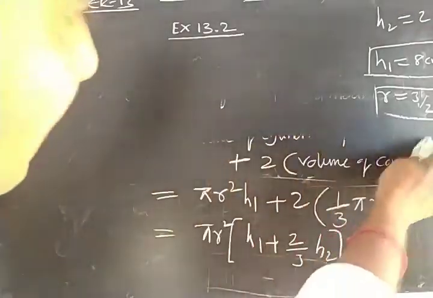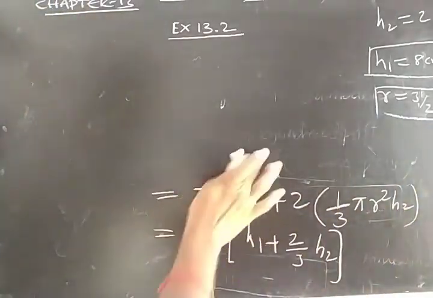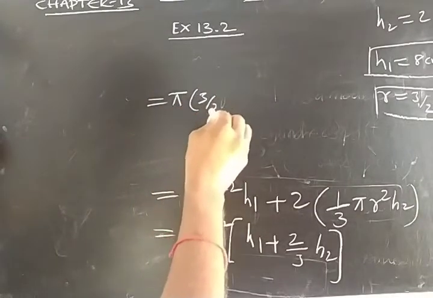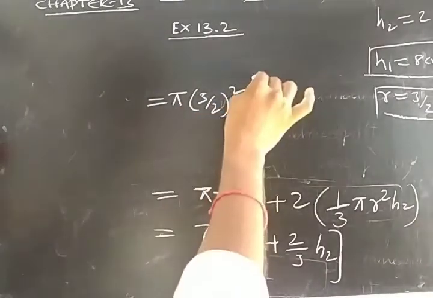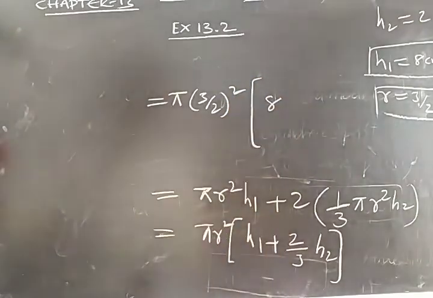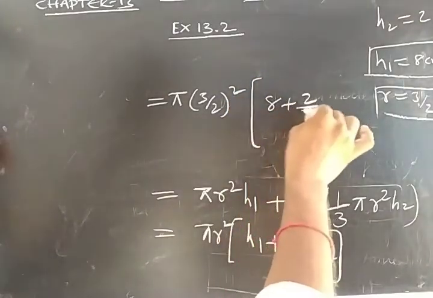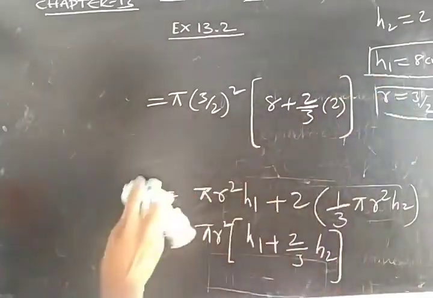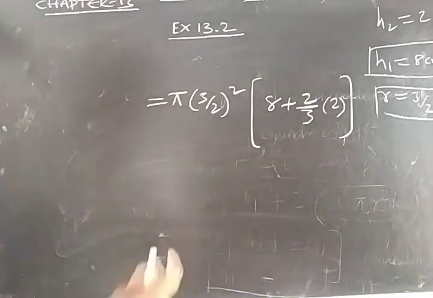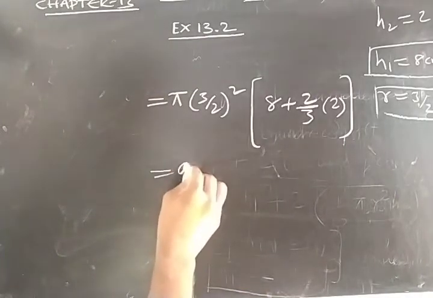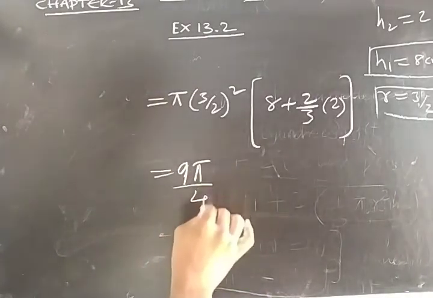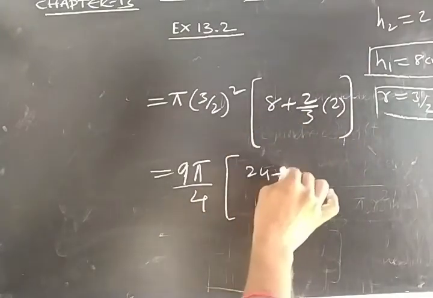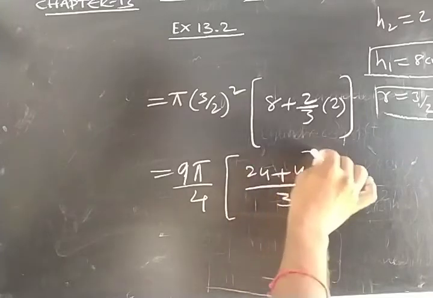Now let me substitute the values. Pi, r value 3 by 2 whole square, h1 value 8 centimeters plus 2 by 3, h2 value 2 centimeters. Now here 9 pi by 4, into 3 eights are 24 plus 4 by 3.